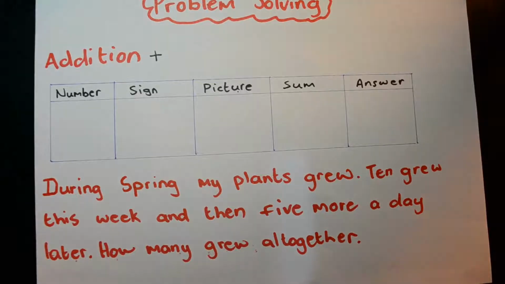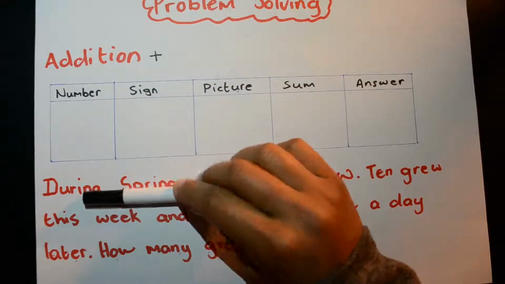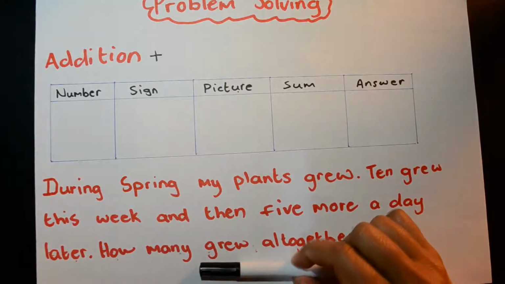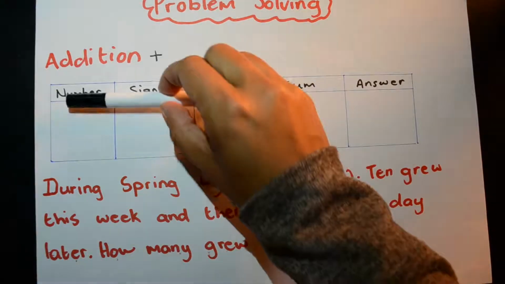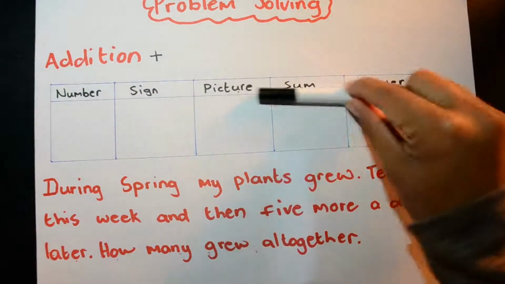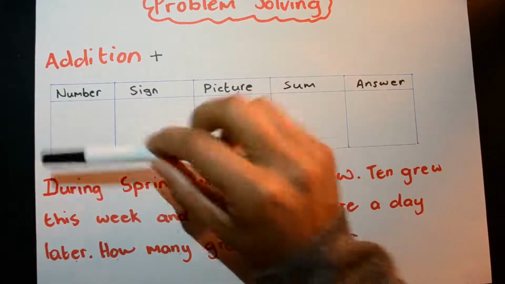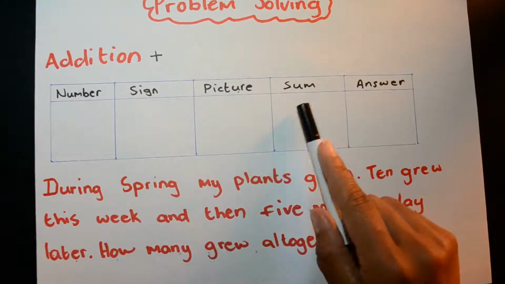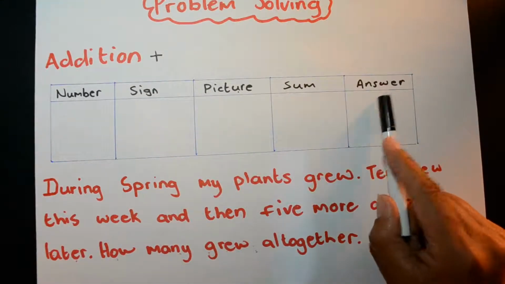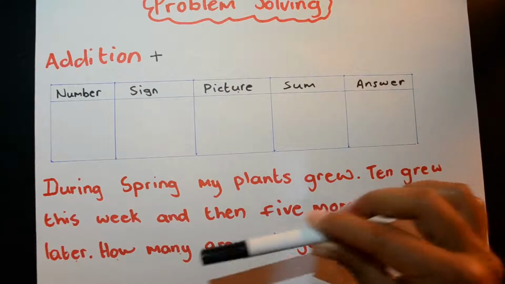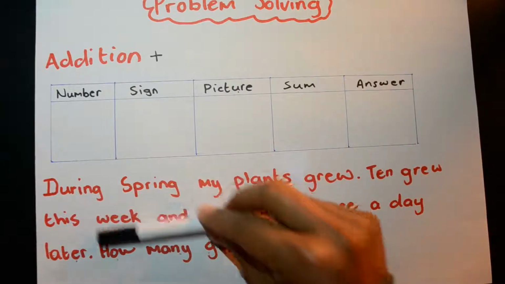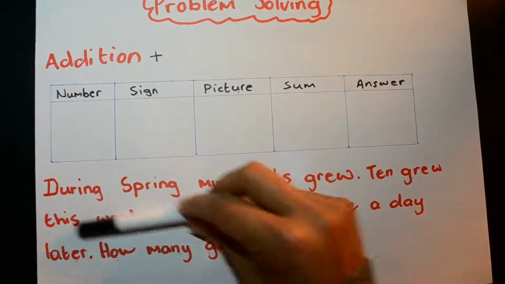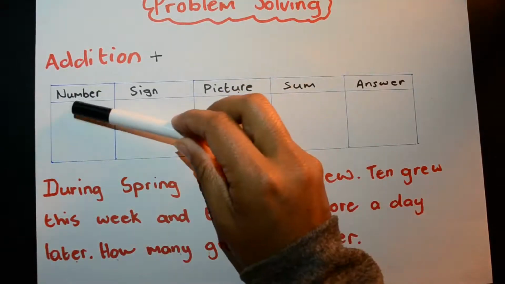Okay, so remember, you're going to read the sentence, the word problem, and then you're going to draw this table. Remember I showed you, and then on top you do number, sign, picture, the sum for the word problem, and the answer. Okay, and as you're reading, everybody's different, but you can fill in the numbers.